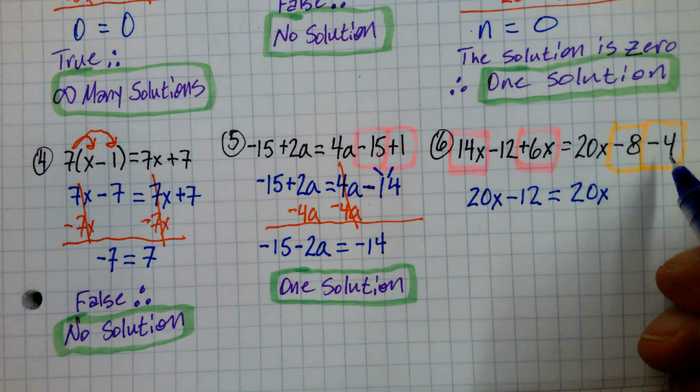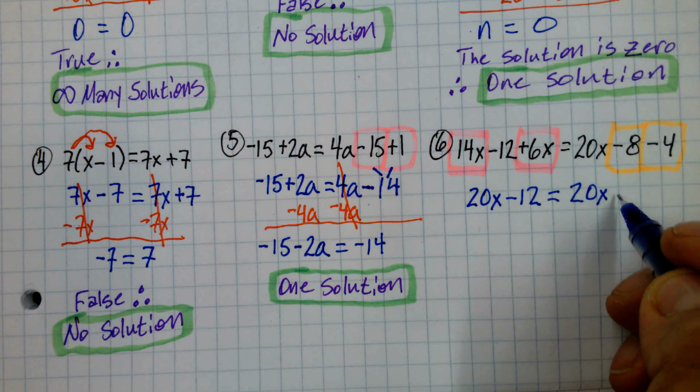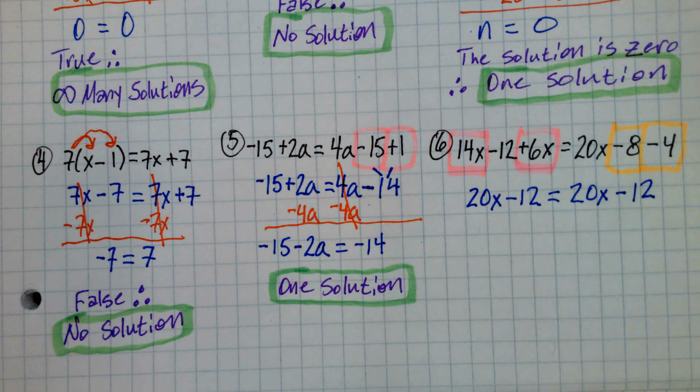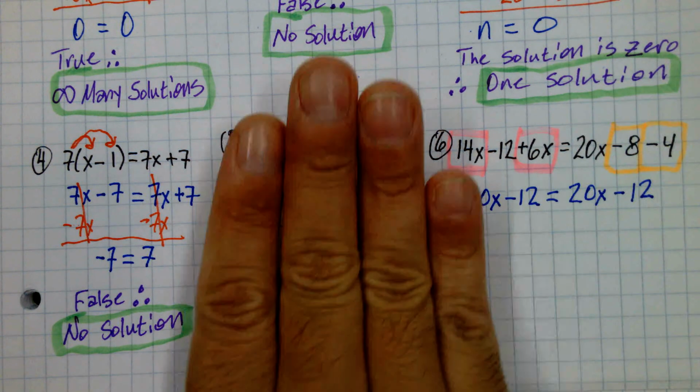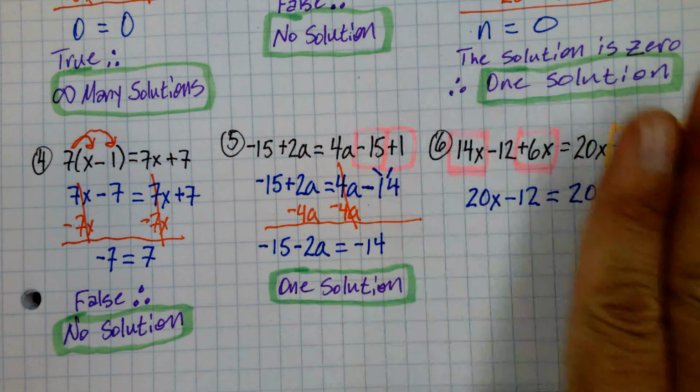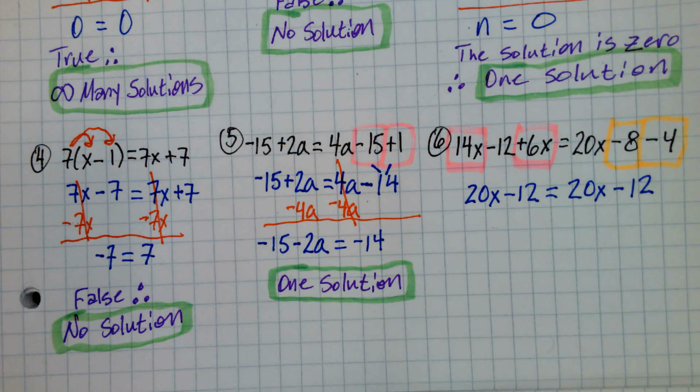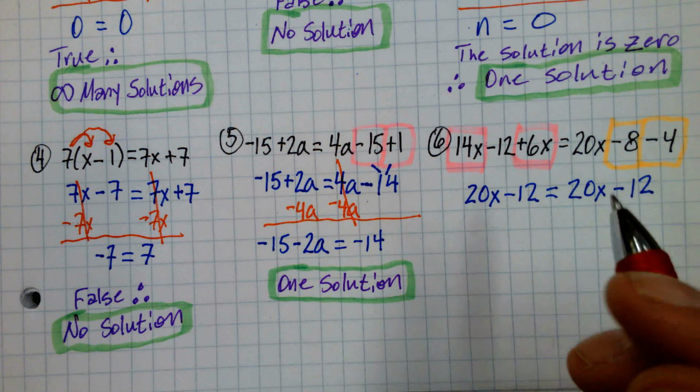Negative 8 and negative 4 makes negative 12. Yeah. Look what's going to happen. Do you see how you have identical things on both sides? 20x minus 12 on one side, 20x minus 12 on the other. That's going to give us infinite solutions.